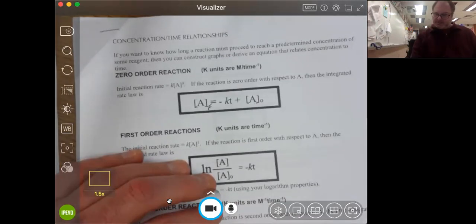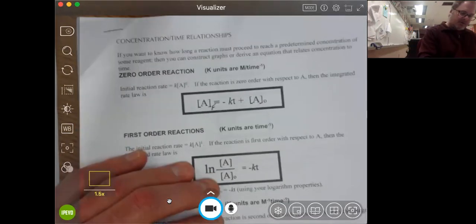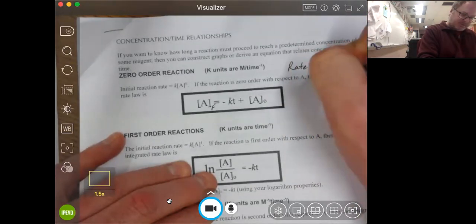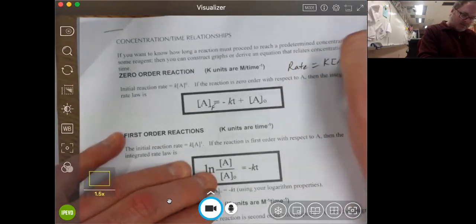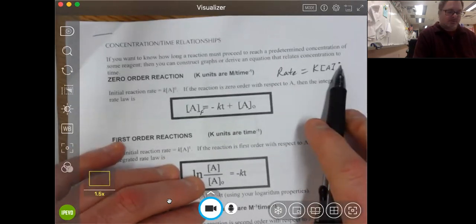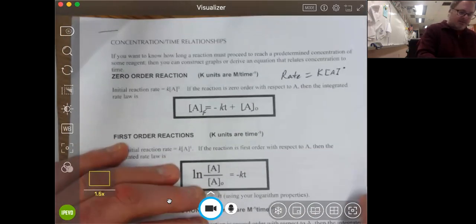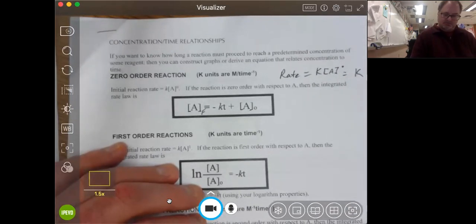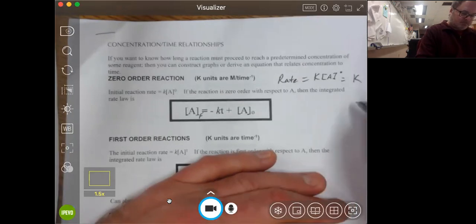Now, if we take a look here, we know that for zero order, rate equals K times the concentration to the zero. Well, in reality then, that just means that rate equals K, right?